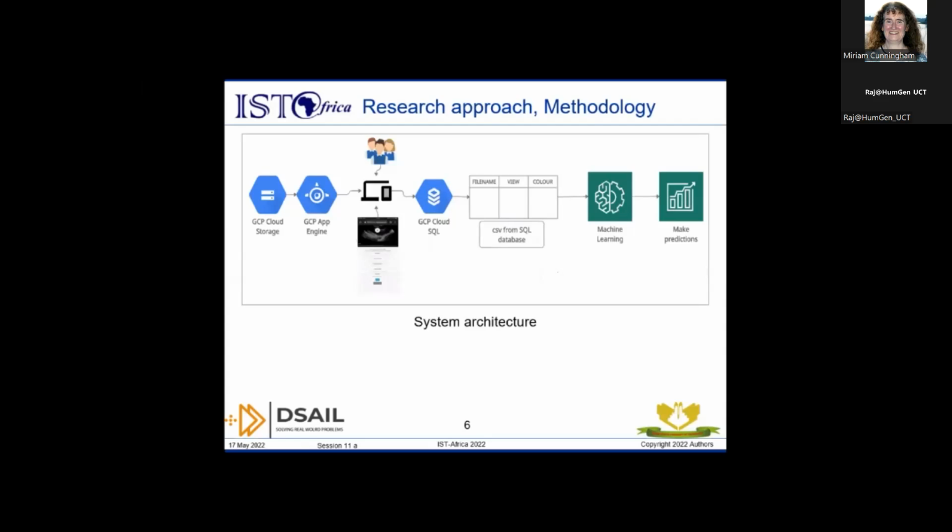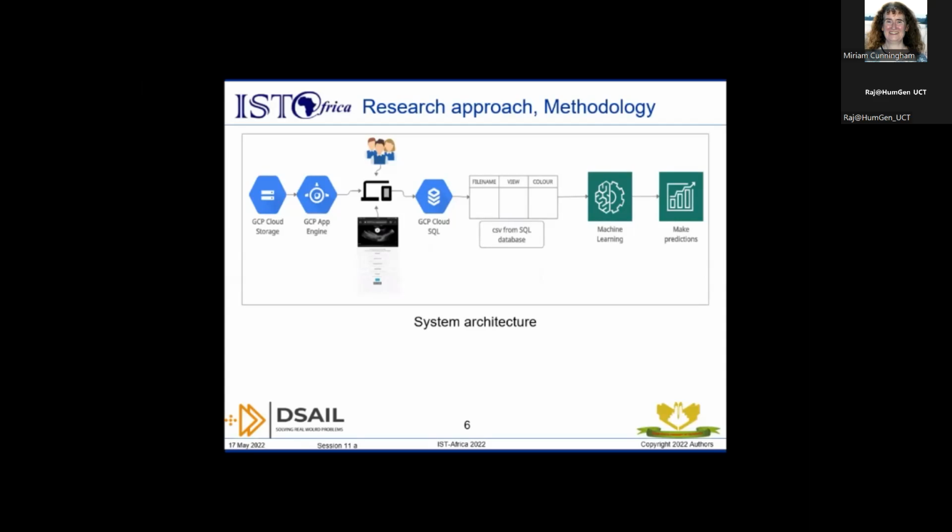Onto my next slide, we have the system architecture. Our web app was hosted on the Google Cloud platform. So we used the GCP App Engine, and then we uploaded our data of echocardiograms, which was in form of images and videos, onto the cloud storage. We're able to display that on our web app that could be used by the experts.